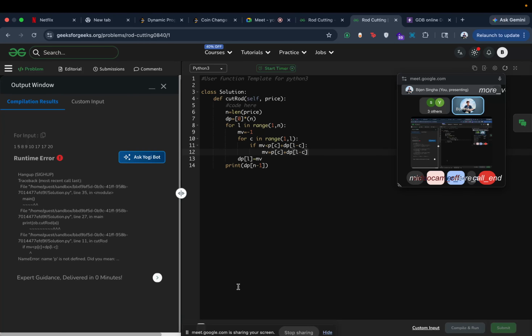What is the mistake here, guys? Print object.cut.rod. I should return, is it? I don't know the format of Geeks for Geeks. P is not defined. What is P? It is price.